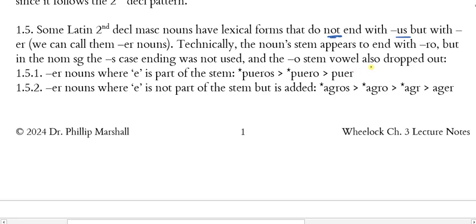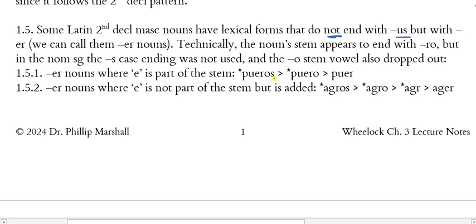Now there are two types of nouns. There's the type of noun in number 1 here, 1.5.1, where the e is part of the stem, with a form like pueros. Now, this is an artificial form, and that's why there's an asterisk here. In linguistics, we use an asterisk for a theoretical or hypothetical form that doesn't really exist in the language itself.